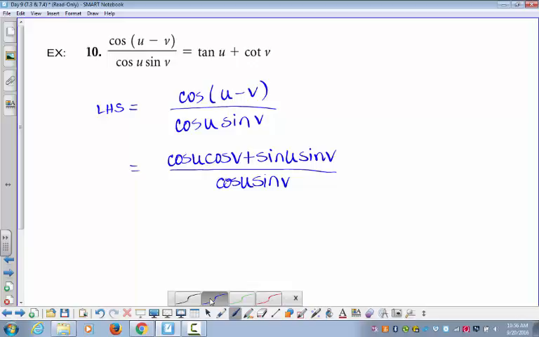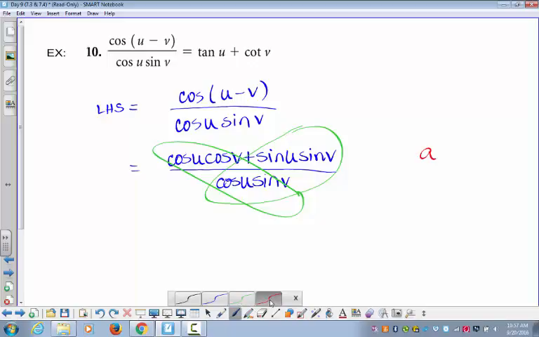So we have 2 terms in the numerator, 1 term in the denominator. We can distribute that denominator into each term in the numerator. We can share this denominator with, actually I want a different color, so we can divide it into that and divide it into that. Everyone okay with that? If you have a plus b divided by c, the c divides into the a and the c divides into the b.